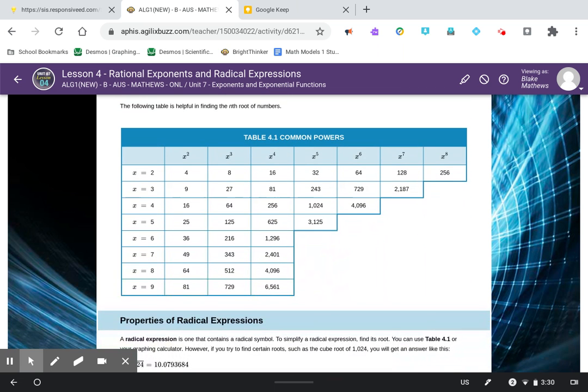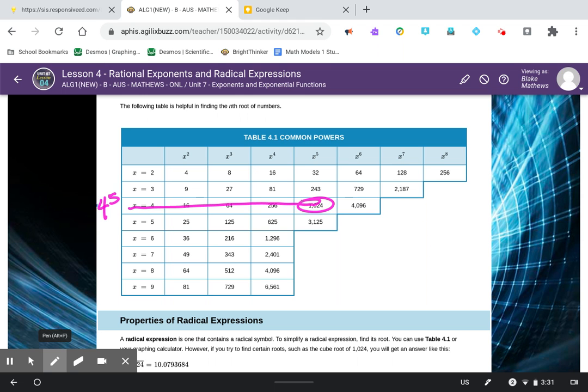Now, there is a list on table 4.1 of what we call common powers. And what this is saying is, for instance, that 4 to the 2nd power is 16. So 4 squared would be 16. Let's write that down here. So this would be like 4 squared would be 16. 4 to the 5th power, that goes all the way over to here, would be 1024.